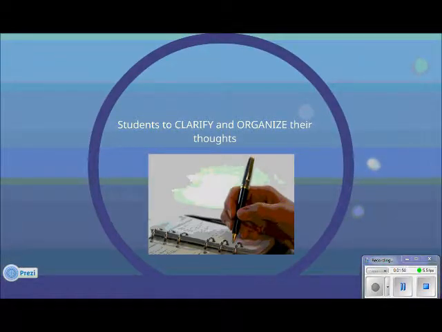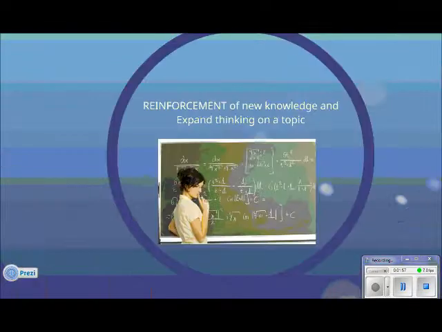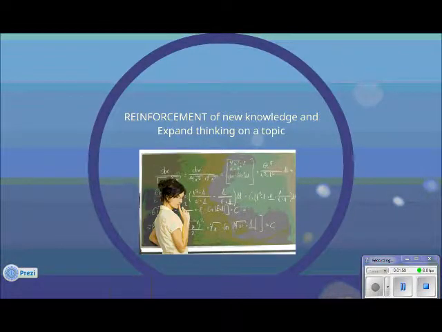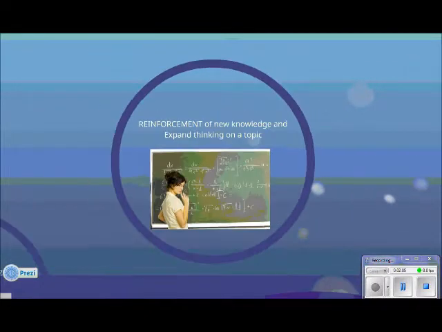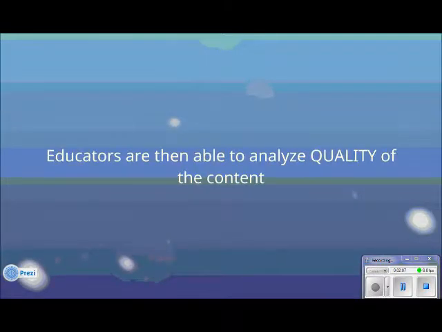From a student perspective, it allows an opportunity to clarify and organize thoughts, reinforcement of new knowledge, and expanding thinking on a topic. As educators, they are able to analyze the quality of the content.